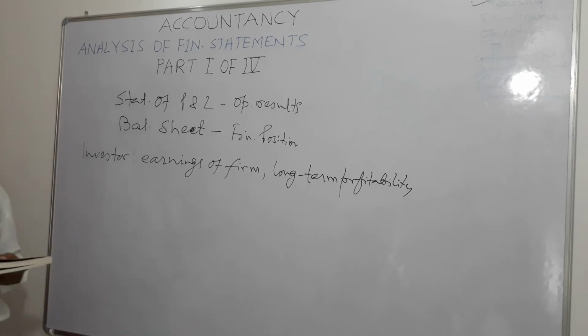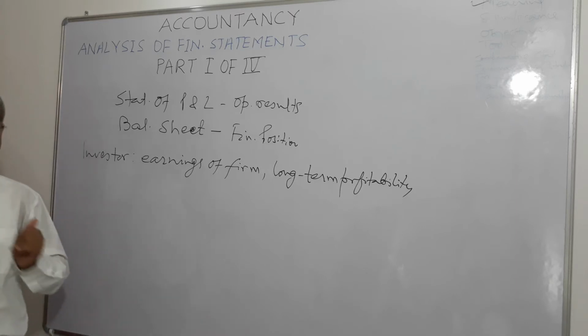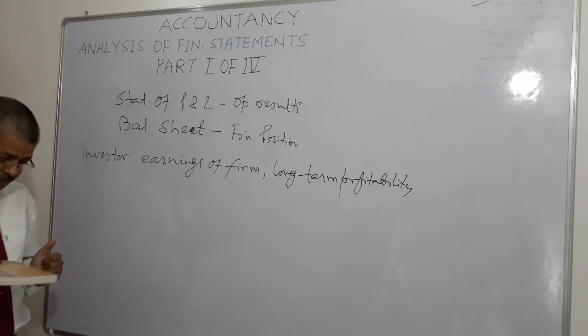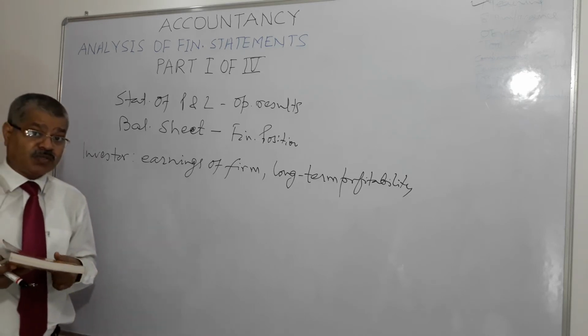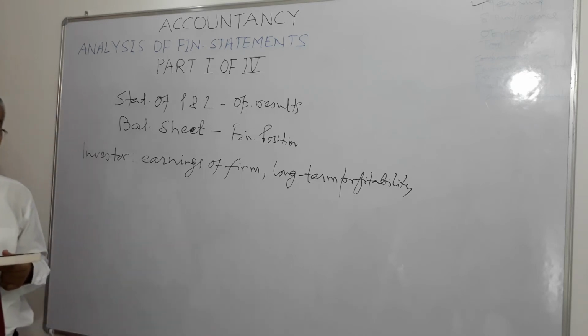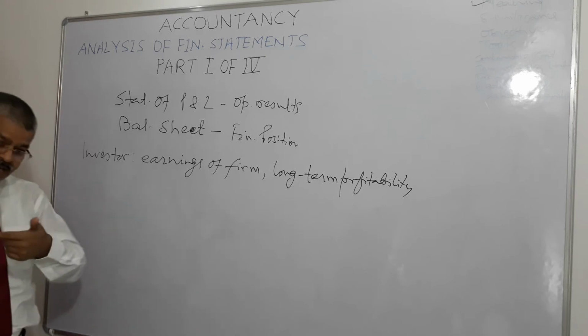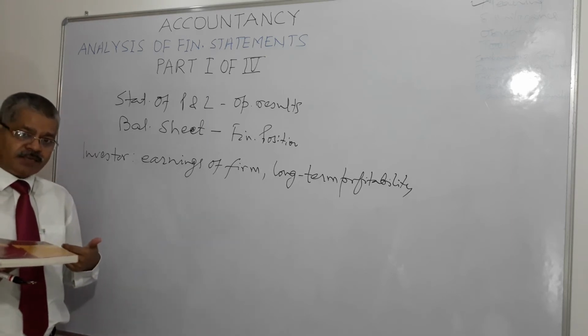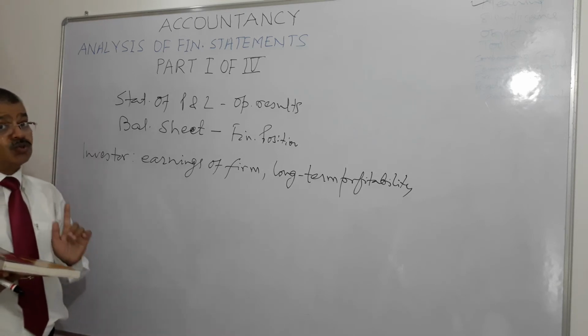Along with short-term liquidity, they are also interested in long-term liquidity, because if a company is finding it difficult to service long-term debt which it has borrowed for 3, 5, 7 years, naturally after some time the company will find it difficult to service short-term debt also.